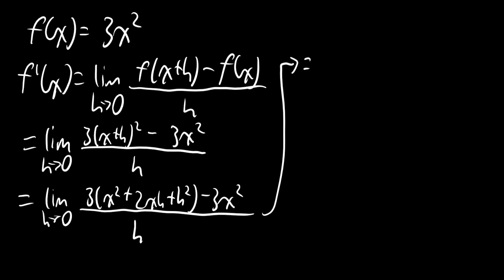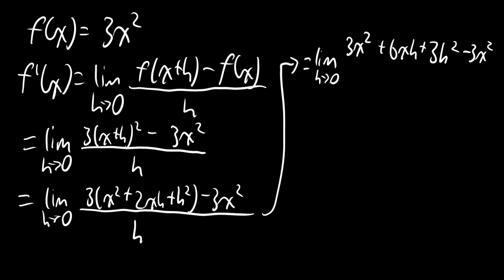Now let's expand that out a little bit more. Not x, sorry, h approaches 0. Sometimes I mess that up a little bit. 3x squared plus 6xh plus 3h squared minus 3x squared over h.